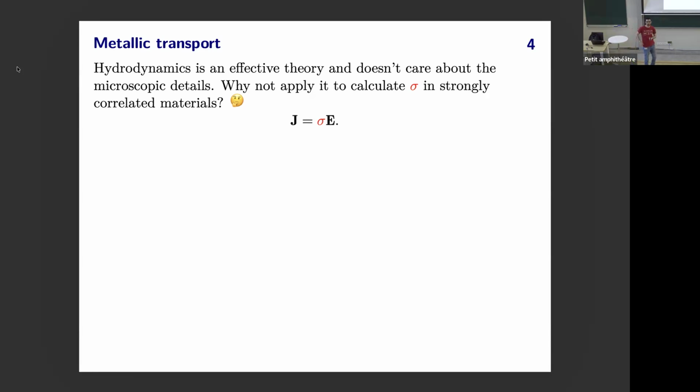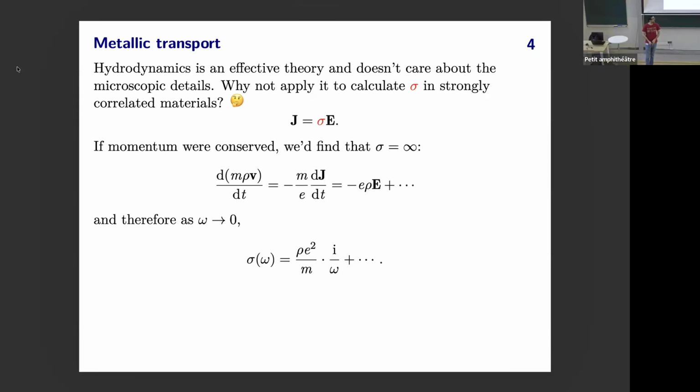And we can give a simple argument that this is not going to work. Let's assume that the system is spatially homogeneous, at least statistically. This is F equals ma, Newton's law. On the left-hand side, I have the rate of change of momentum of the electrons in the system. On the right-hand side, I have the force acting on this charged fluid from an external electric field.